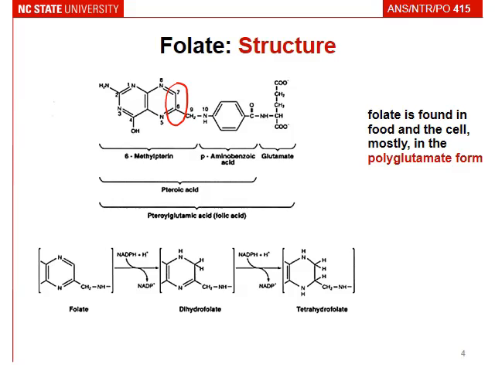If we have 2 hydrogens on our 7 carbon, it becomes dihydrofolate, whereas if we add an additional hydrogen onto the 6 carbon, it becomes tetrahydrofolate. Tetrahydrofolate is our THF, and this is our active form.